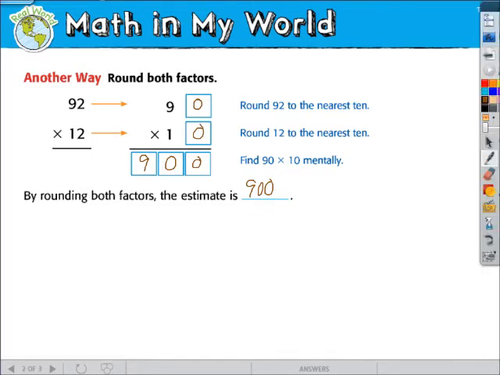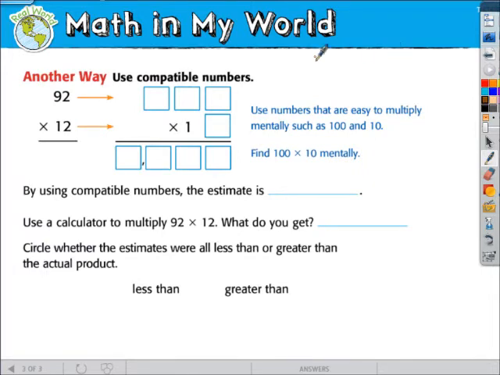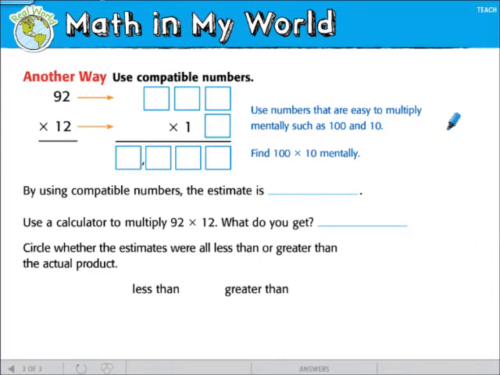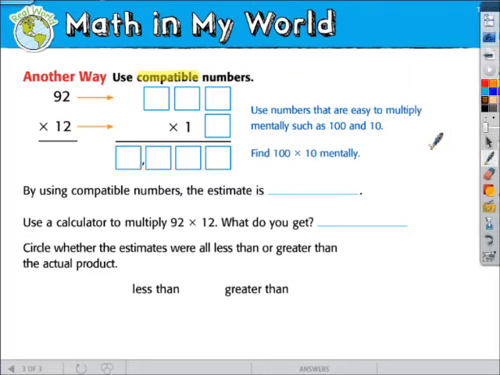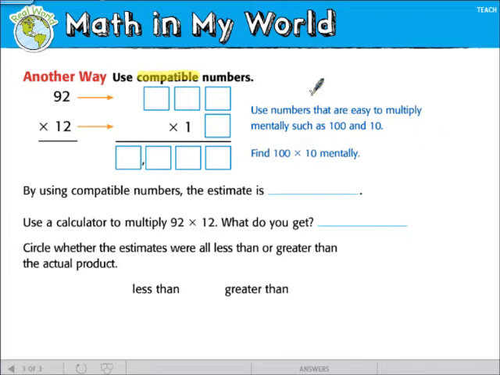Our next question is going to do something a little bit different. It's going to use something called compatible numbers. A compatible number is a number that only has a digit besides 0 in the greatest place value. So in this case, we're going to round 92 up to 100.